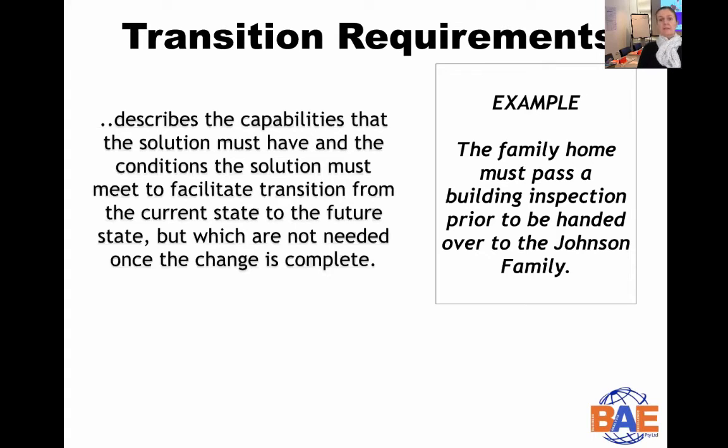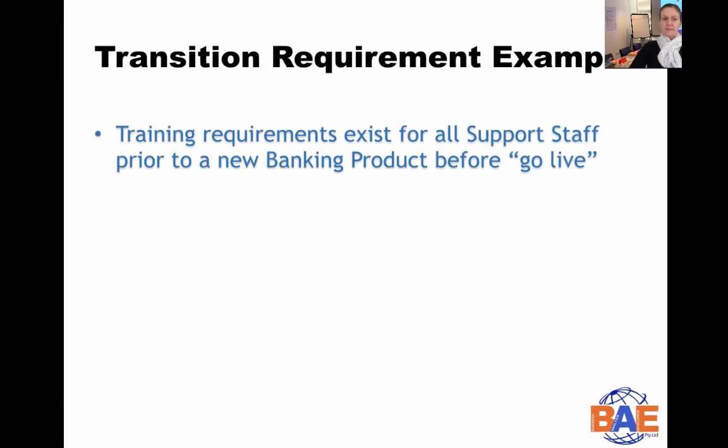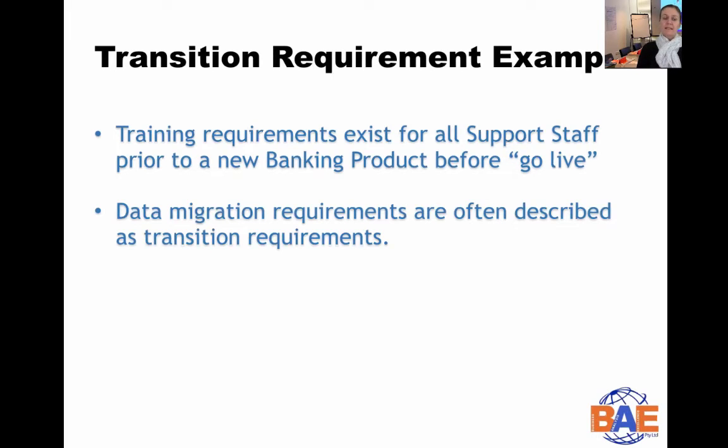In our family home example, the family home must pass a building inspection prior to being handed over to the Johnson family. In the real world, some examples could be a training requirement that says that support staff have to be trained before a particular product can go live. Or often it could be data migration requirements that are just needed until the migration is done successfully.